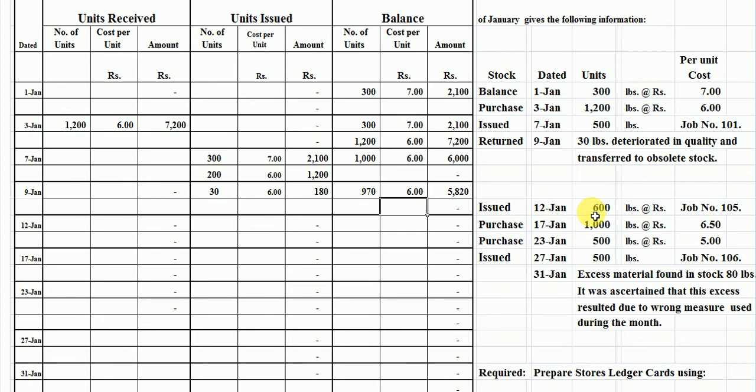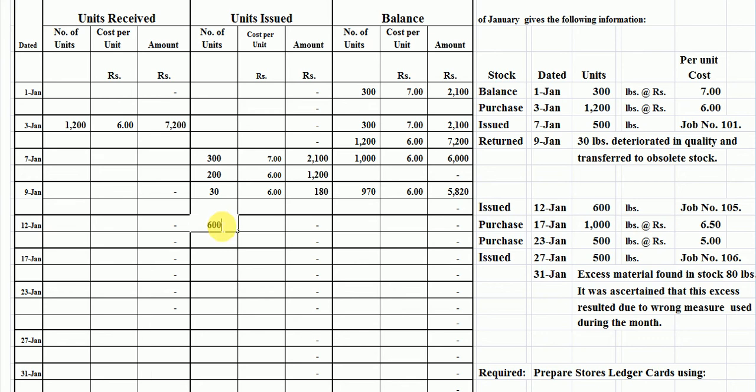Students, on 12th Jan 600 pounds of material was issued to production, job number 105. Now we take 600 out of 970 pounds.